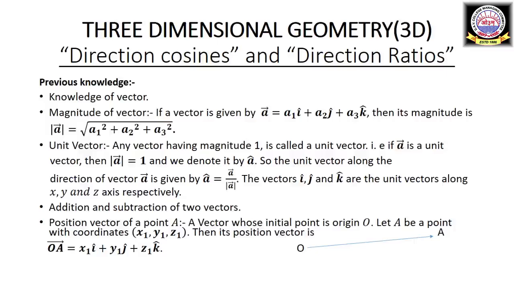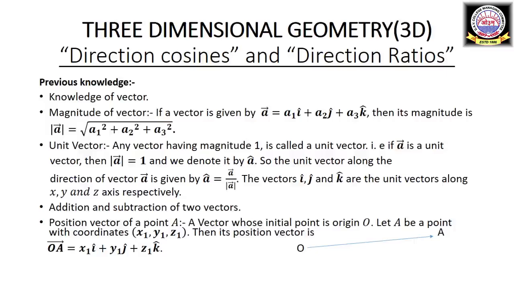How do we get the unit vector of vector A? That is vector A divided by its magnitude. If it is divided by the magnitude, automatically the magnitude becomes 1. Addition and subtraction of vectors we know, how 2 vectors or 3 vectors are added or 2 vectors are subtracted. That is the operation of vectors, that you know.